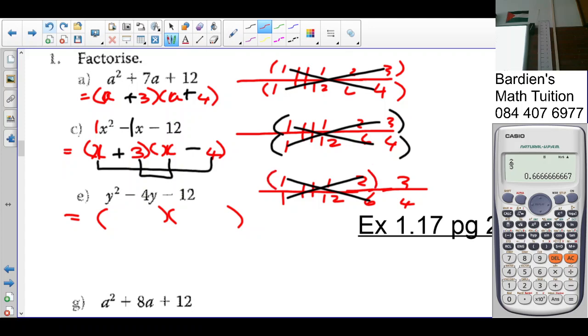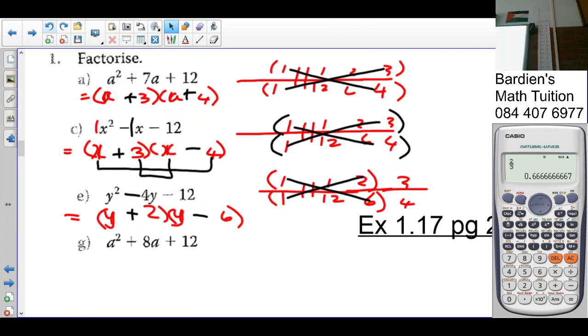So it's a 1 and a 2, a 1 and a 6. What about our sign? 1 plus, 1 minus. The bigger one is going to be minus. You all okay with that?